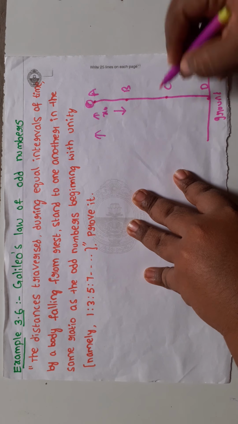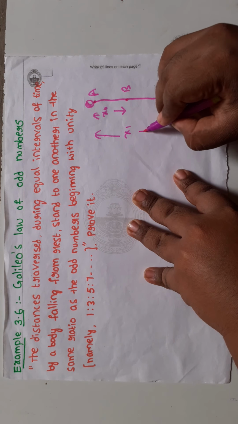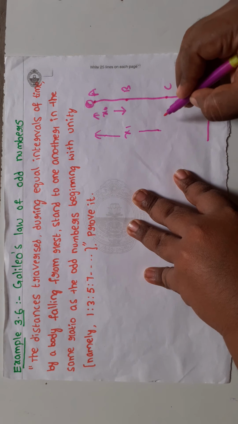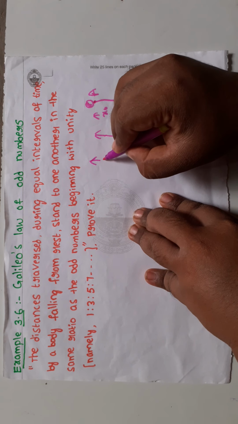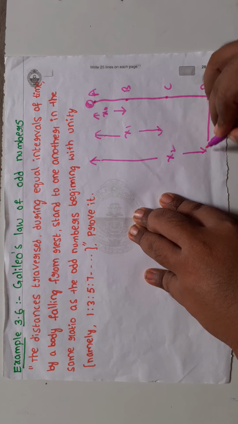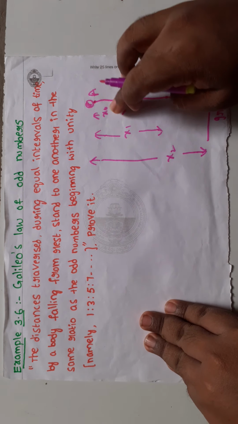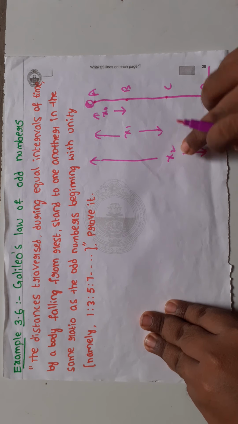A to C distance is x1. We don't know, just imagine the distance. A to D is x2. A to B is x0, A to C is x1, A to D is x2.